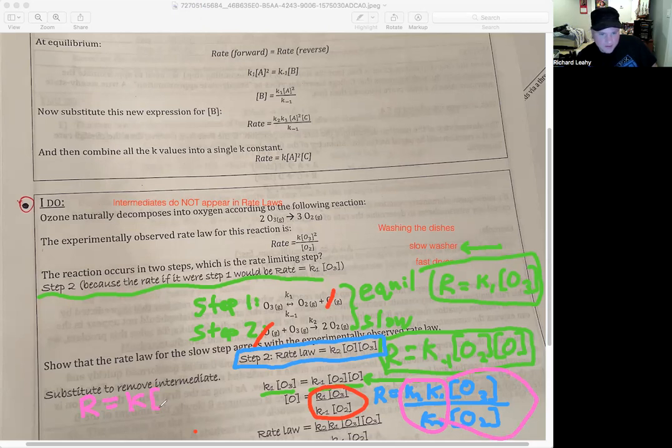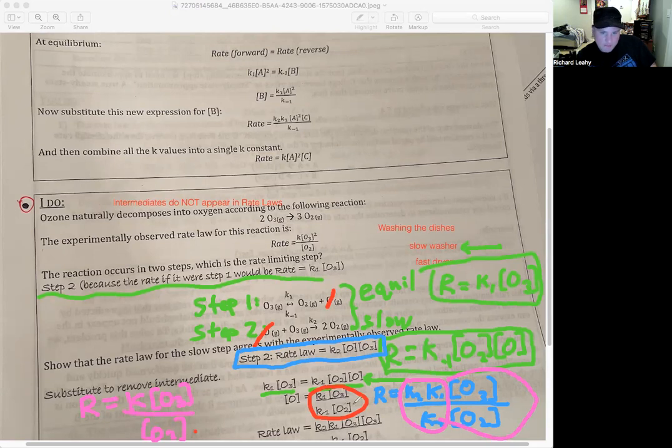So I'm going to say O3 over O2. That's a 3 right there. Okay. I feel like I'm missing something because it doesn't match the first thing.